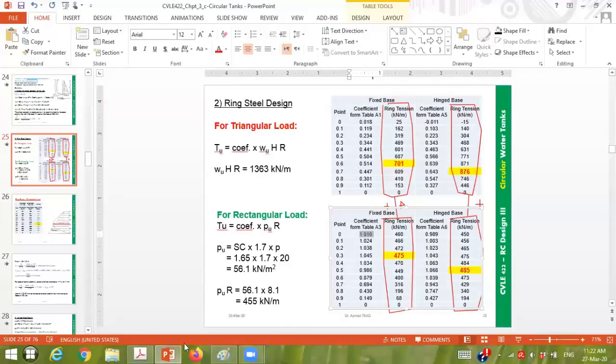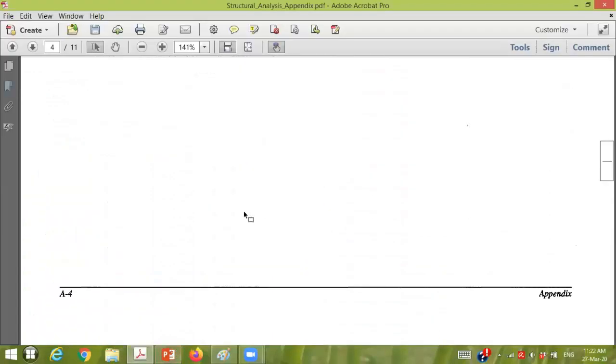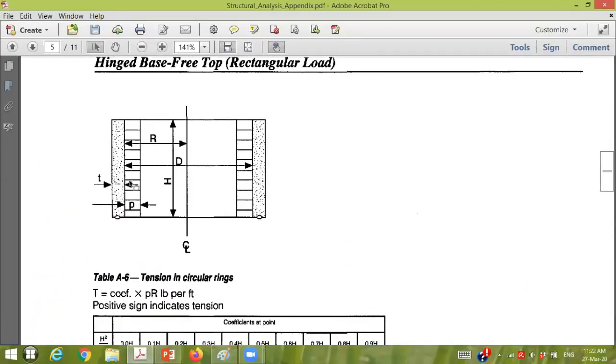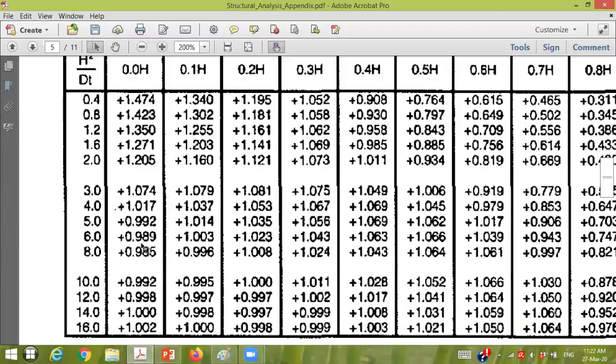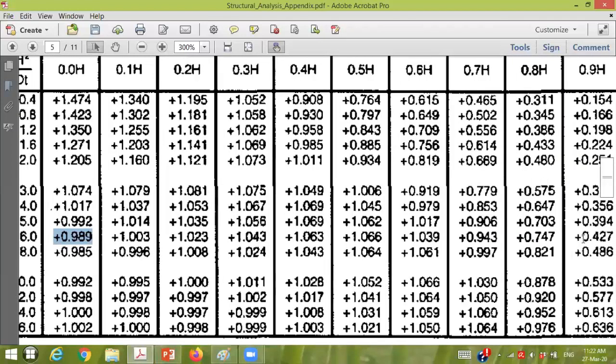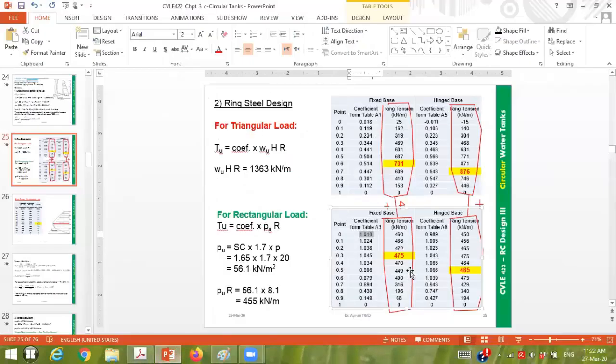And then the next table هيكون table A6 هيكون عنا hinged free and rectangular. So 0.989 to 0.427.